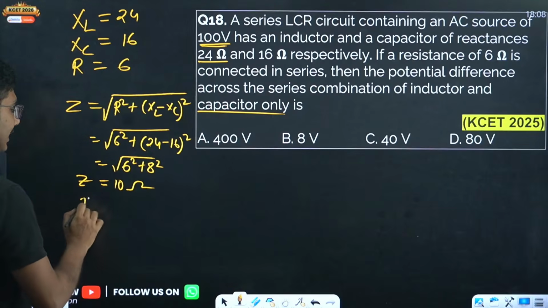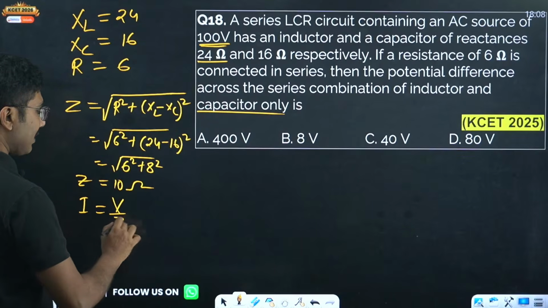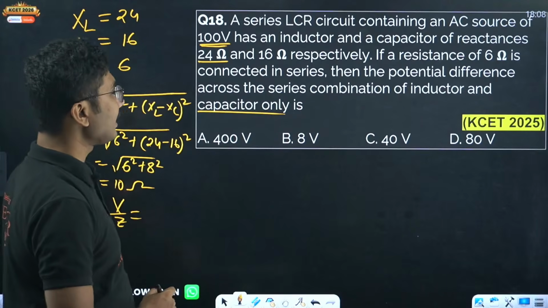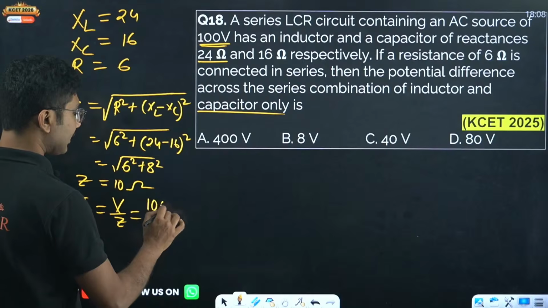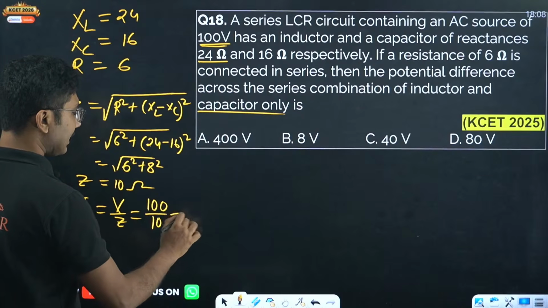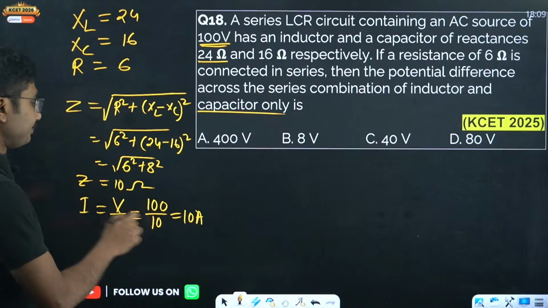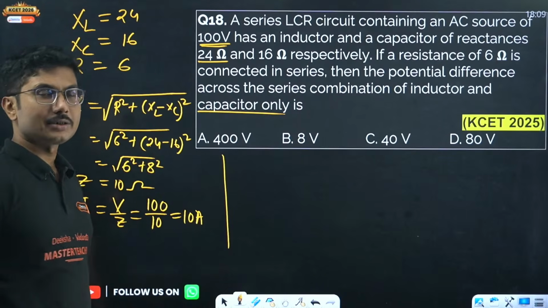So what is the current in the circuit? Current is not V by R, it is V by Z. During your board exam most of you made that mistake. It is V by Z. Voltage is 100 volt, impedance is 10, so the current is 10 ampere.